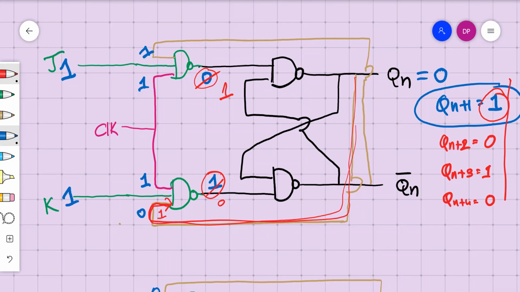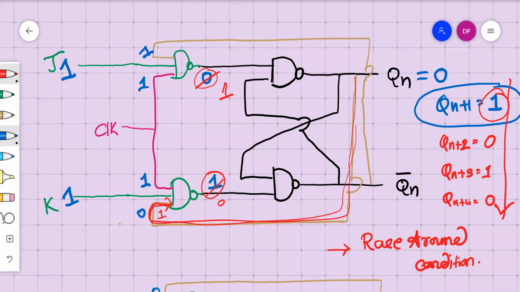So it goes on. This is called the race around condition. The JK flip-flop has a problem, and the limitation of the JK flip-flop is the race around condition.